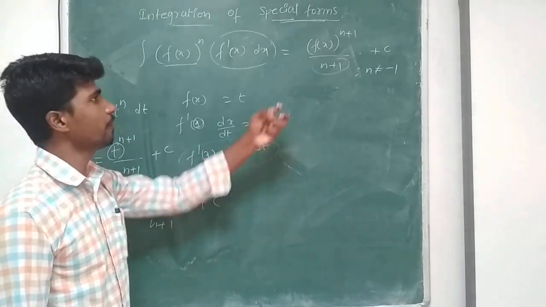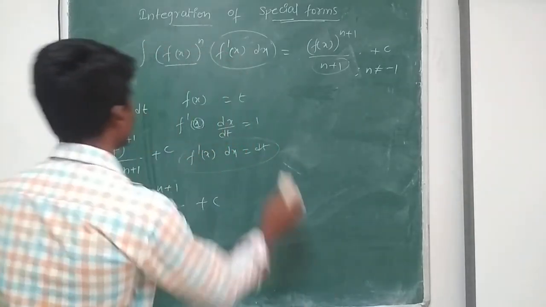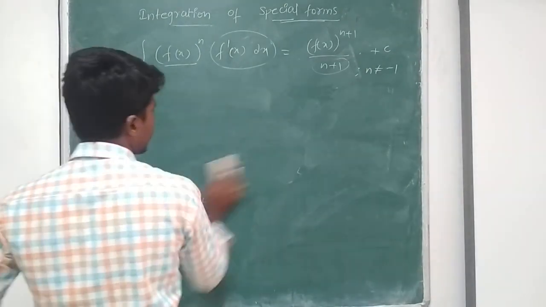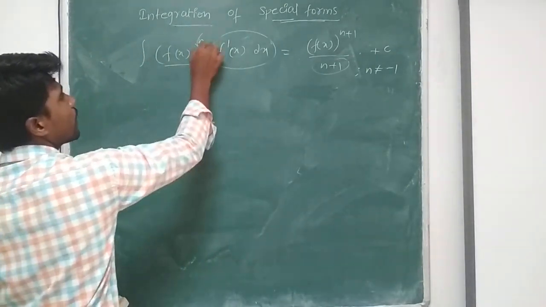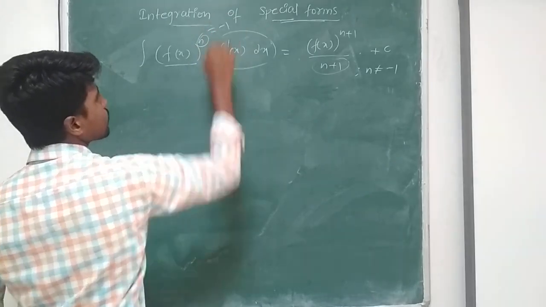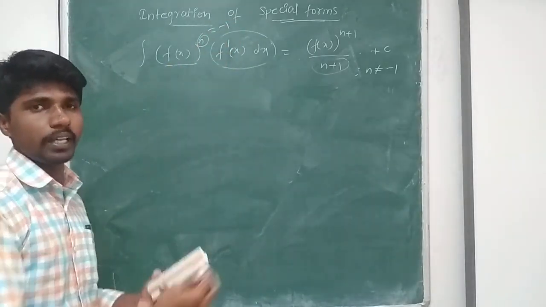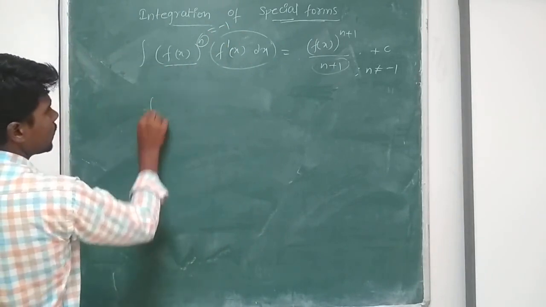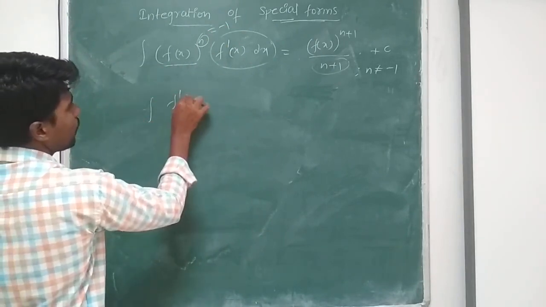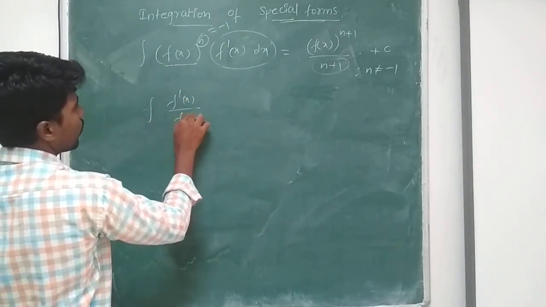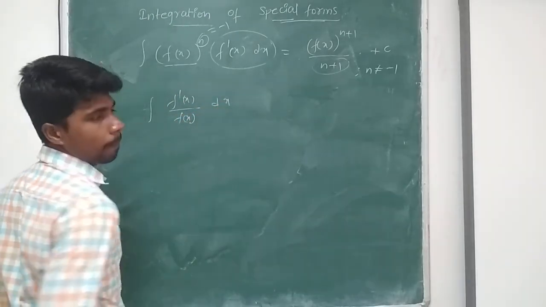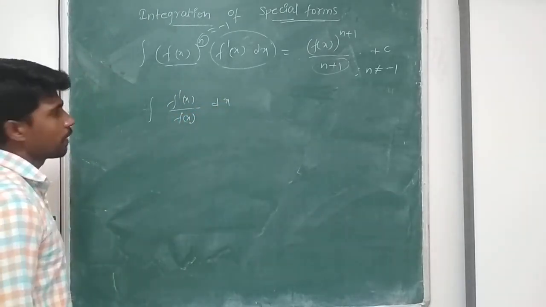The other form is when n is equal to minus 1. If n value is equal to minus 1, then f of x power minus 1 is nothing but 1 by f of x. So it reduces to the form integral f dash of x by f of x dx.